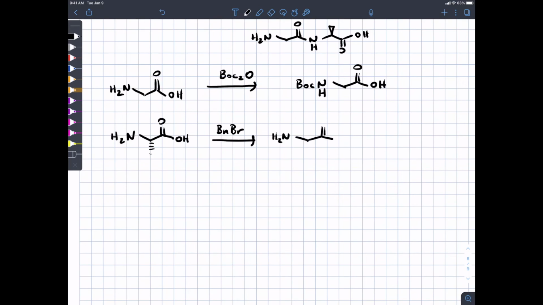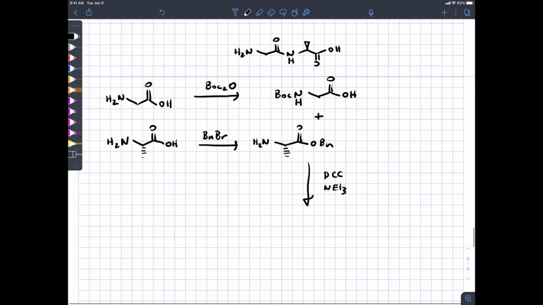You could use benzyl bromide to protect the carboxylic acid. Then you add these two together with DCC and triethylamine.